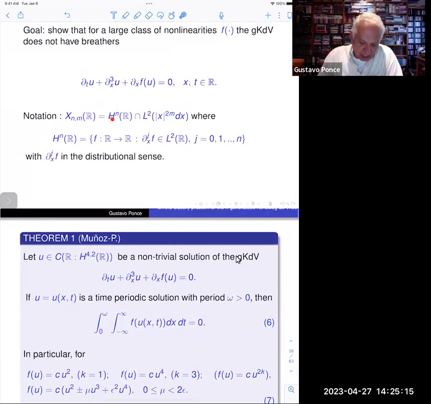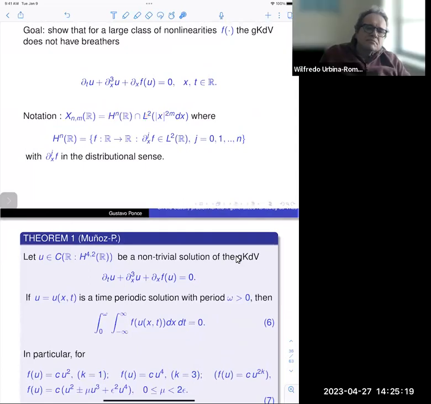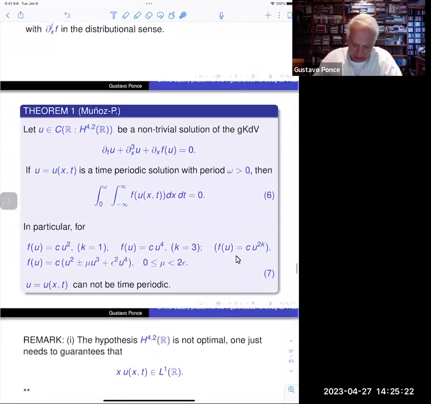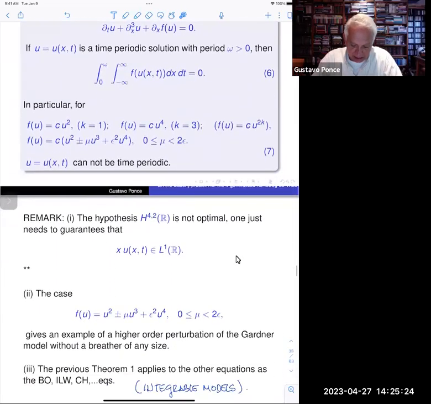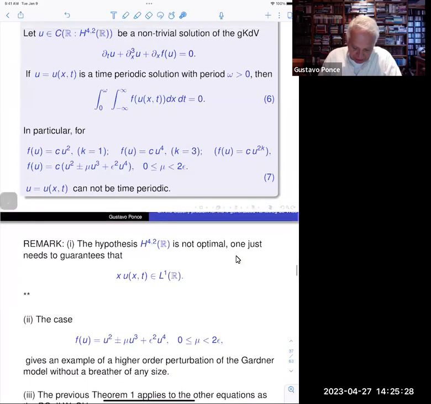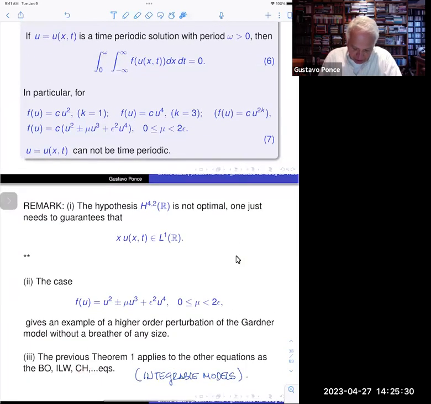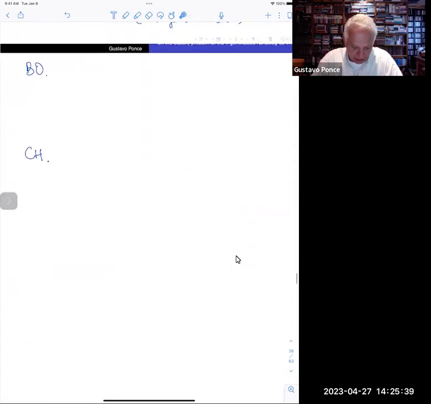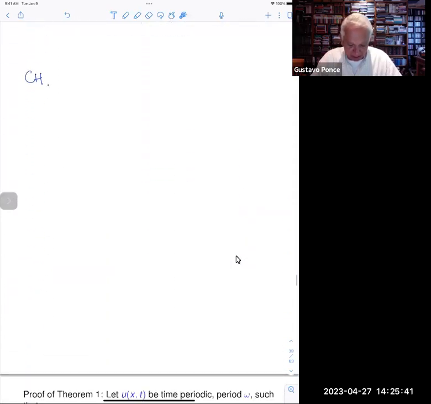That means that you have four derivatives and you are in L2 with that weight. Okay. But you need only this. And the same result applies to the Kawahara, to the internal long wave, to the Benjamin-Ono equation, all integrable. You can prove that none of them have breathers. Okay, I'm not going to write the Benjamin-Ono, the Kawahara, but that's okay.